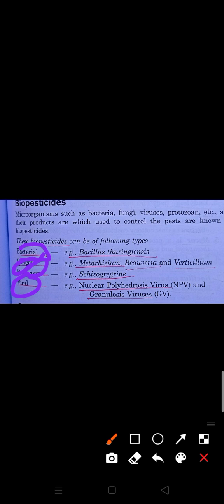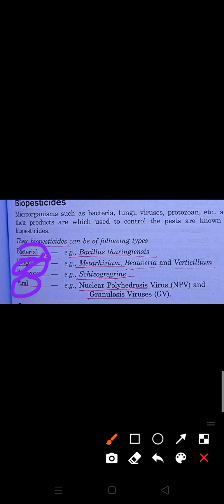Like if we are using Bacillus thuringiensis, one kind of bacteria, it works as a biopesticide. This bacterium can be used against different kinds of unwanted herbs or weeds in our surroundings, and especially against insects.